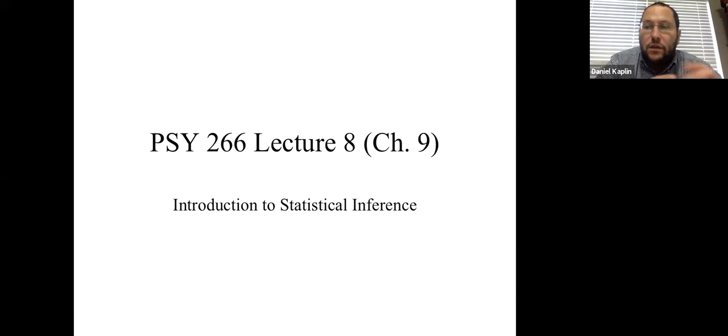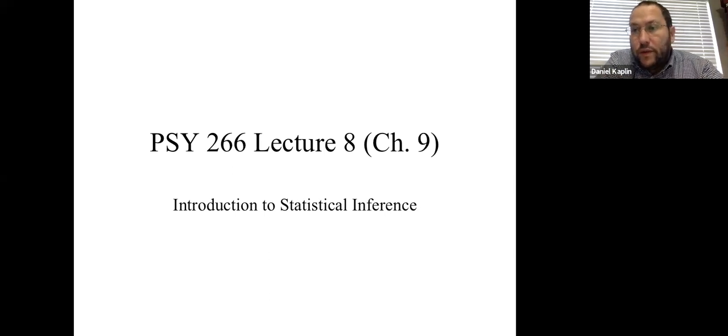In this lecture, we're going to talk about the foundations of statistical inference. Inferential statistics are all about drawing conclusions from a sample about a population, or to see if we have some form of meaningful differences between our variables.